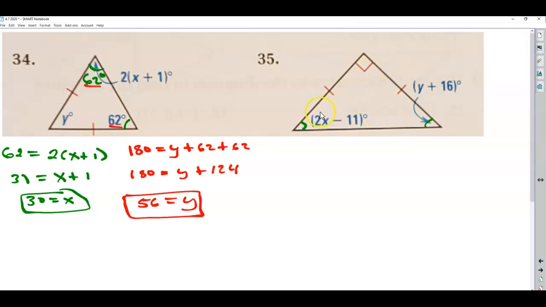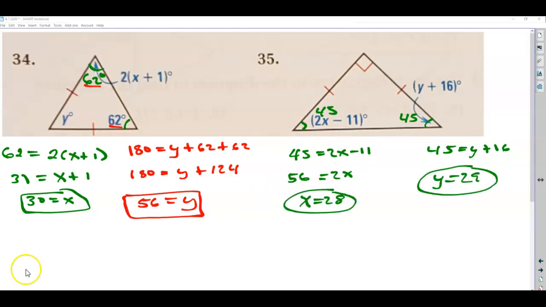So 180 minus 90 leaves 90 left for the sum, which tells me both of these two angles have to be equal and add 90, so 45 apiece. And then it's just real quick algebra. So I'll let you guys solve that. Okay, when you solve them, you should have got x equals 28, y equals 29.